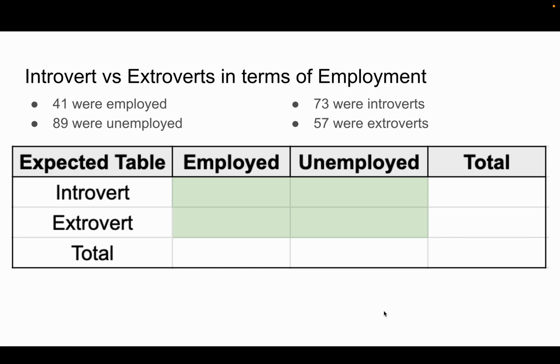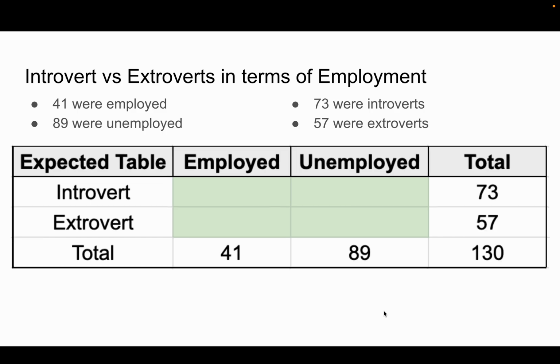What we're going to do before we do anything is enter our totals into this table. And so we had 73 total introverts, 57 extroverts. And then in terms of the columns, 41 of people in our sample were employed, 89 were unemployed.